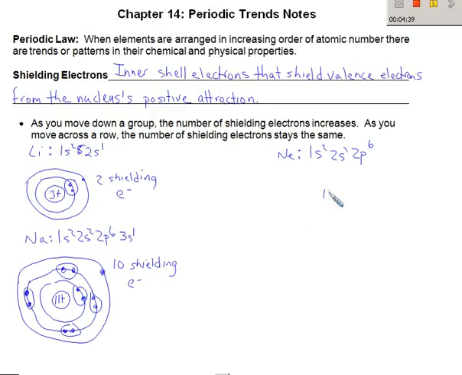We're going to put 10 protons in the nucleus for a charge of 10 plus, and then we're going to put the 2 principal energy levels on. We're just looking at shielding electrons at this point. So we have 2 electrons in the first principal energy level, and we have 8 electrons in our valence shell.